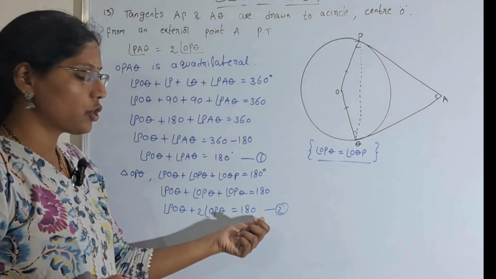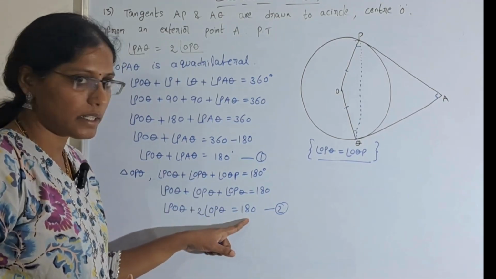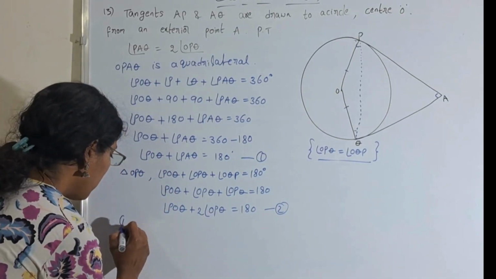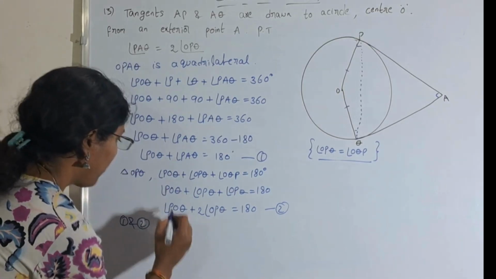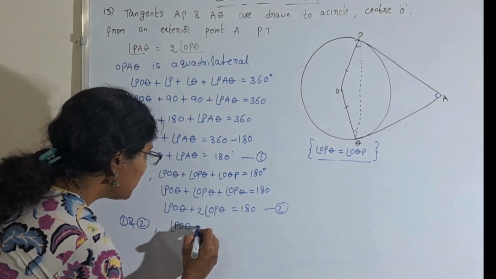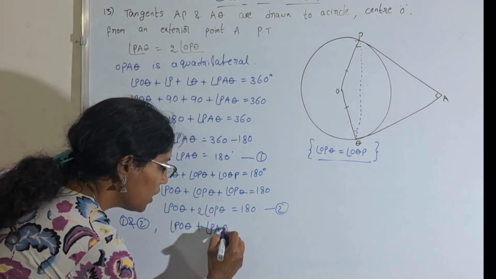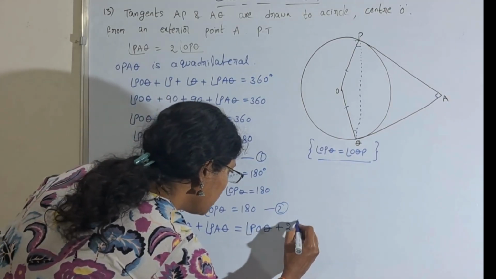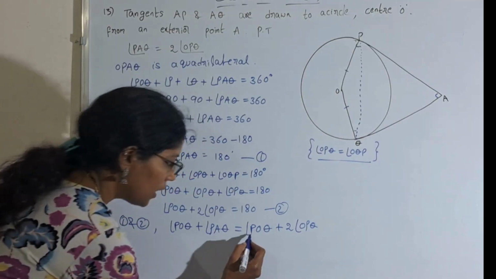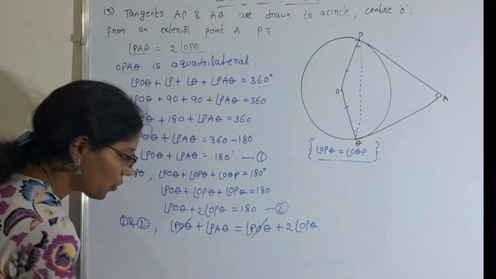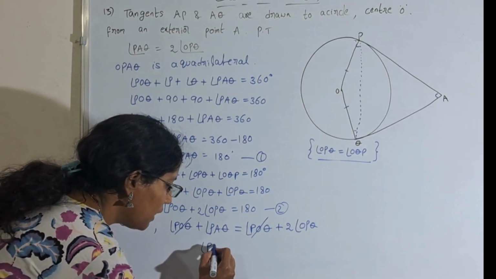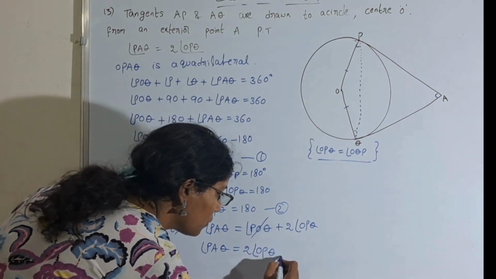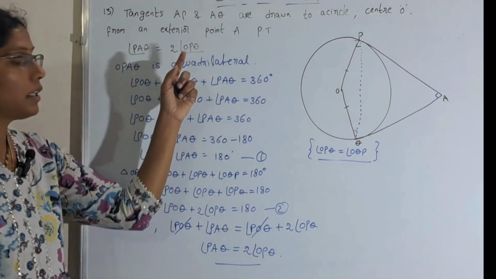We observe equation 1 and equation 2, the right hand side is 180 degrees, so the left hand sides can be equated. Angle POQ plus angle PAQ is equal to angle POQ plus 2 into angle OPQ. Angle POQ cancels, and the remaining angle PAQ is equal to 2 into angle OPQ. This is our answer. Hence proved.